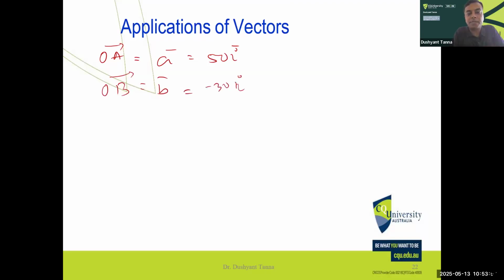That's also i. Remember, it's also the x direction, but the opposite one. OC, or the vector C, right? R cos theta, R sin theta: 40 cos 50 i, 40 sin 50 j, whatever values.